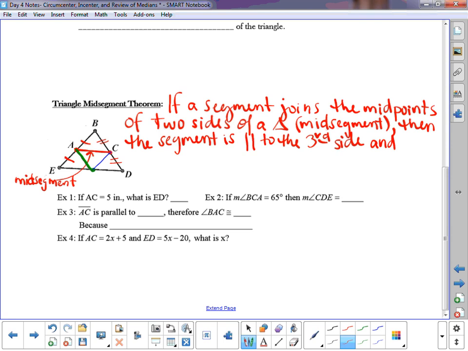And does anyone remember what that second characteristic is? Okay. Well, I know that AC is like half of the ED. Yeah, very good. So our midsegment is half the length of the third side. So it's parallel to the third side, and it's half the length of the third side.